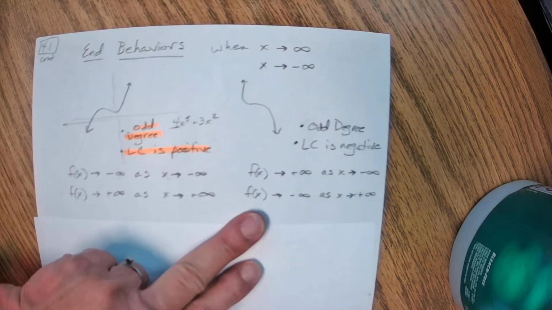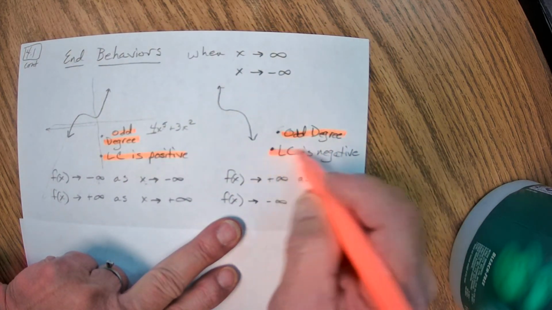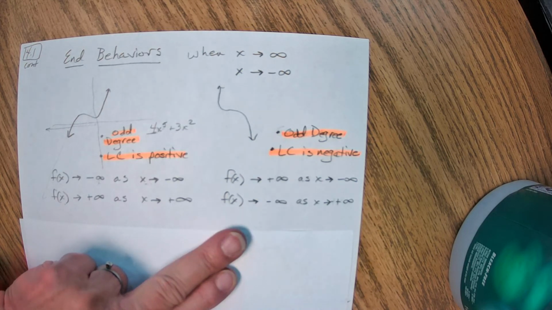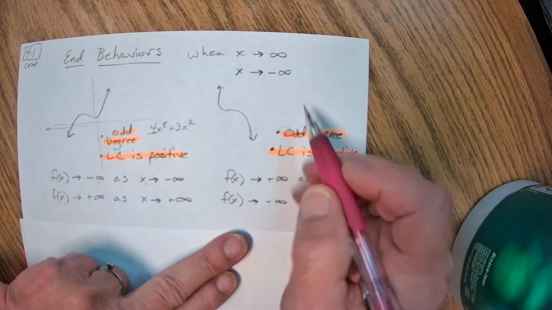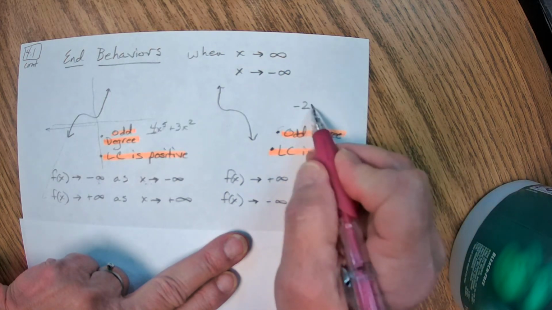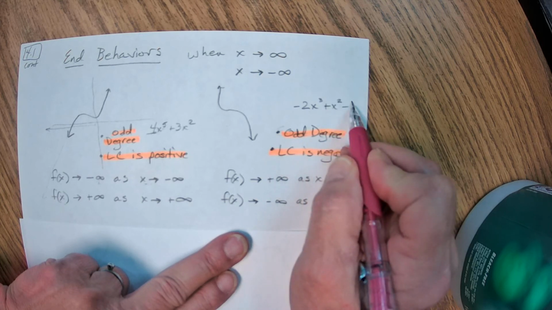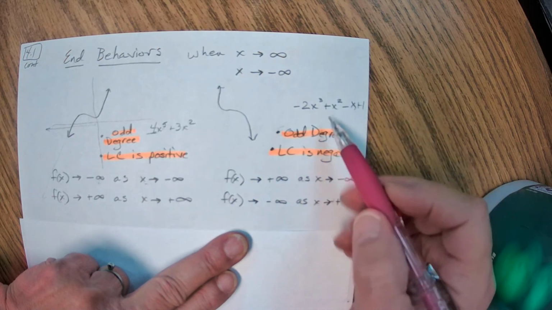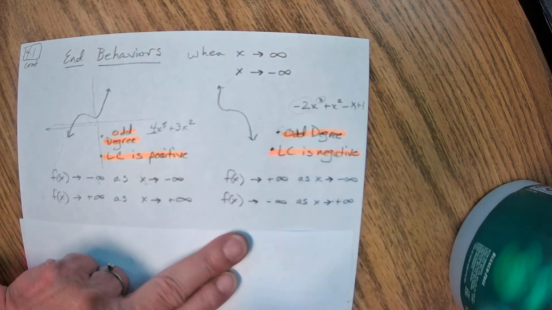So what happens when it has an odd degree and the leading coefficient is negative? Well, you can see that it just reverses it, right? So for instance, this could be negative 2x cubed plus x squared minus x plus 1. This has an odd degree and the leading coefficient is negative.